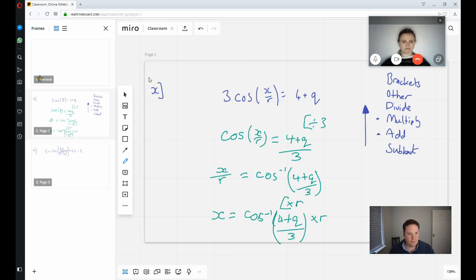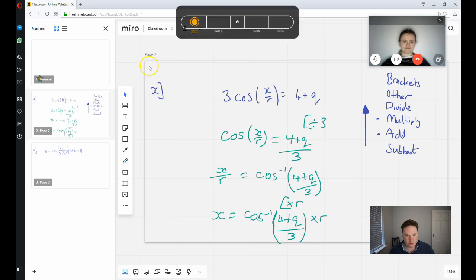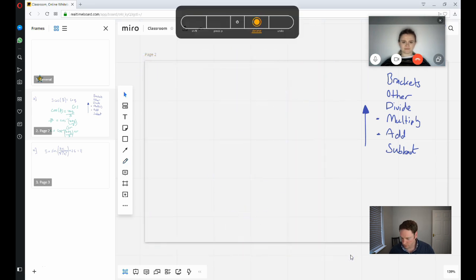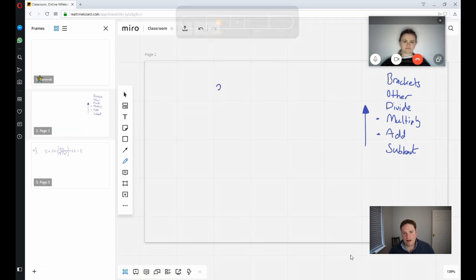Okay, if we go back to page 2. Slightly different tack. Do you know what that simplifies to? Could you have x squared over x to the power of 1?